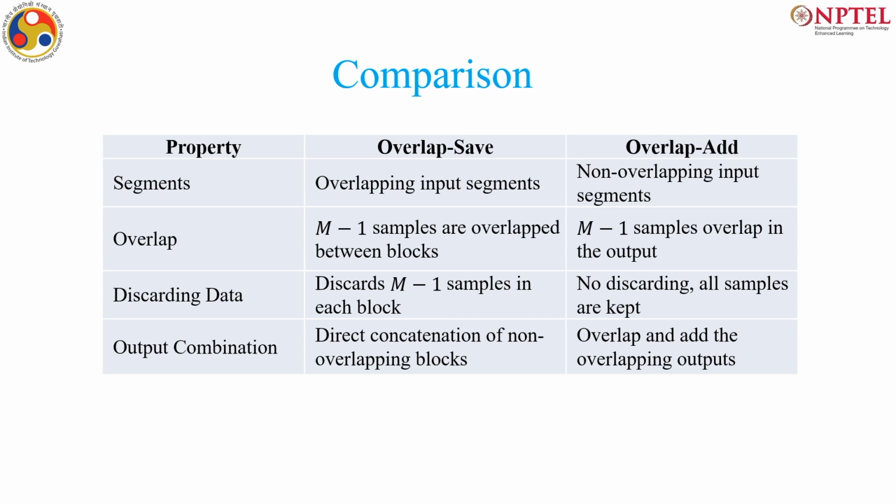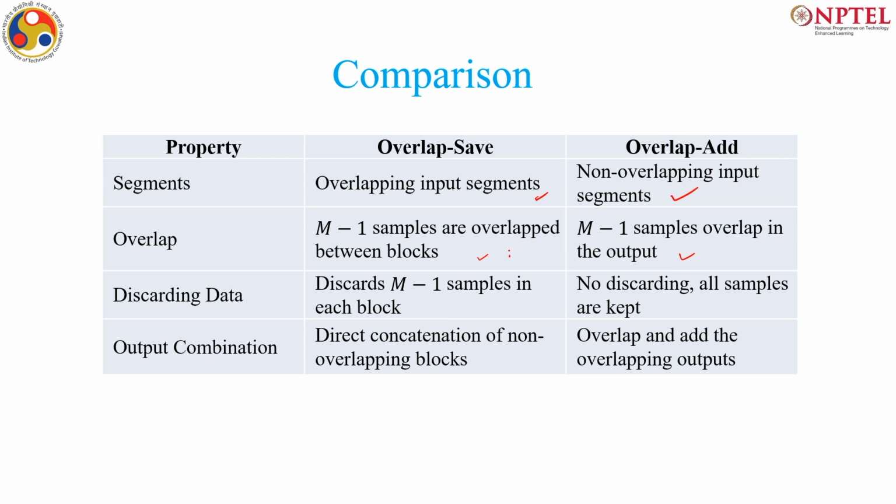And just a summary of comparison. So, here you have overlapping input segments in overlap save. In overlap add you have non-overlapping input side, but the output side you need to overlap and add. So, here you are overlapping m minus 1 samples between the blocks, and here the m minus 1 samples are overlapped at the output.